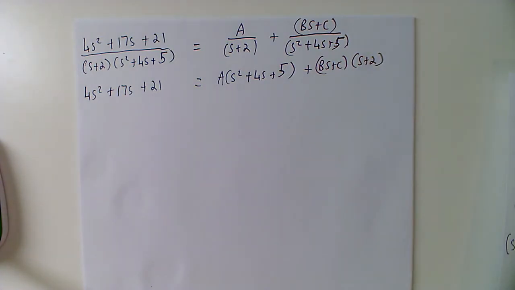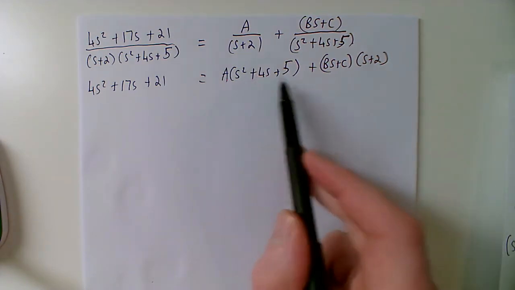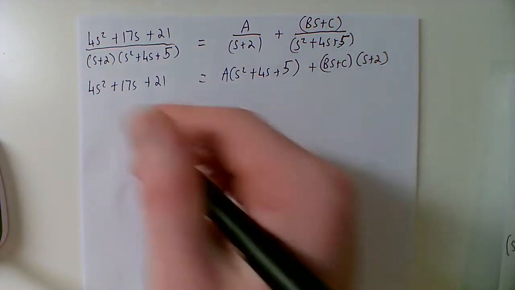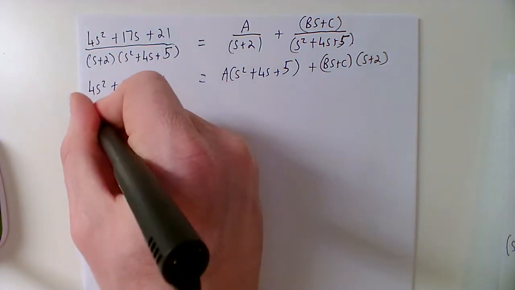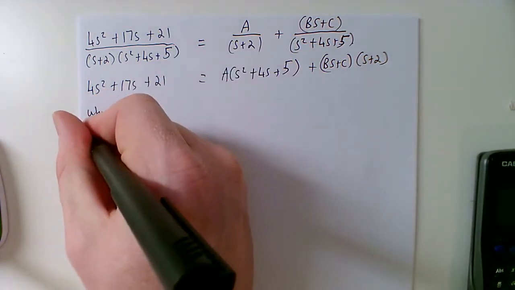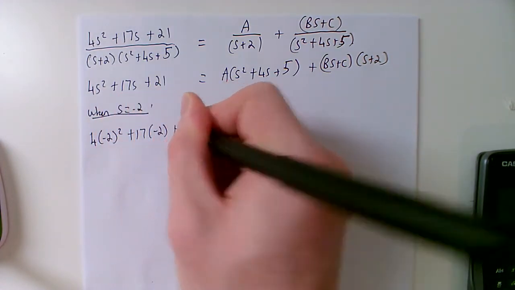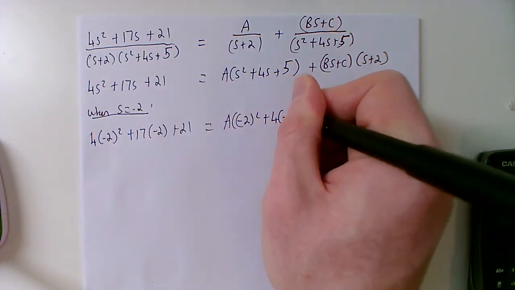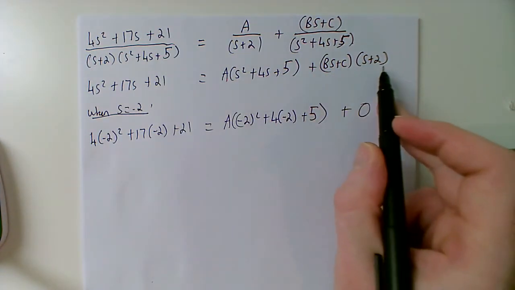Okay, so the easiest way to deal with this is always to see, can I make any bracket 0? Well, that can't be factorised, so there's no value of s that will make that 0. But I can make that one 0, so when s equals negative 2. Four times negative 2 squared plus 17 times negative 2 plus 21 equals A times negative 2 squared plus 4 times negative 2 plus 5 plus 0. That whole bit's going to be 0 because I've made that bracket 0.